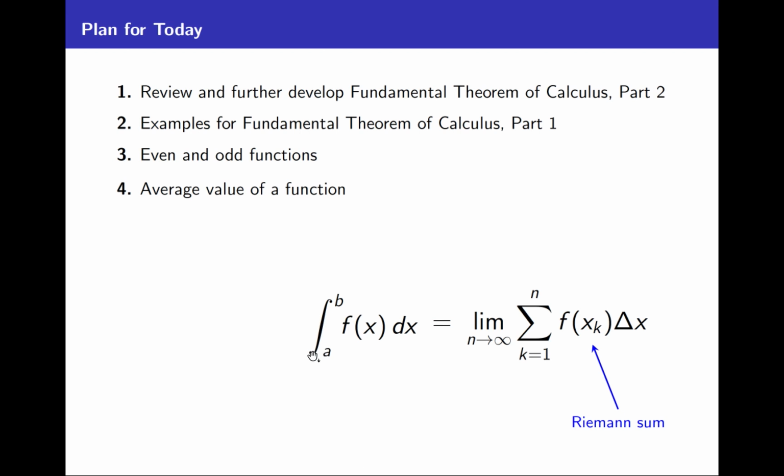This elongated s that occurs here, that's called the integral sign. And you can look at it as being a streamlined version of this sigma. The limit as n goes to infinity of the sum from k equals 1 to n, think of it as representing that.